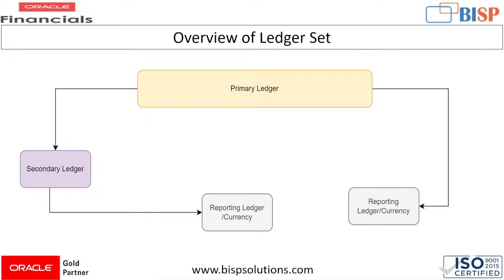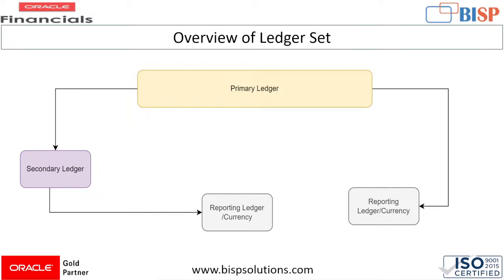Right, so let us see about the secondary ledger. A secondary ledger is an optional ledger linked to a primary ledger for the purpose of tracking alternative accounting, and it can be different from the primary ledger by using a different accounting method, chart of accounts, accounting calendar, currency and processes, and so on.